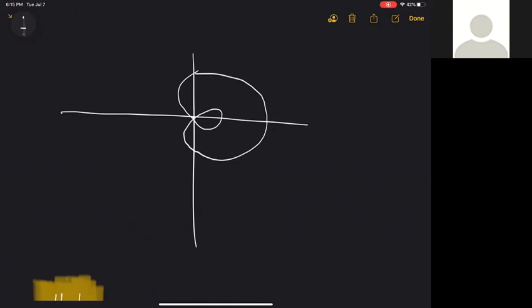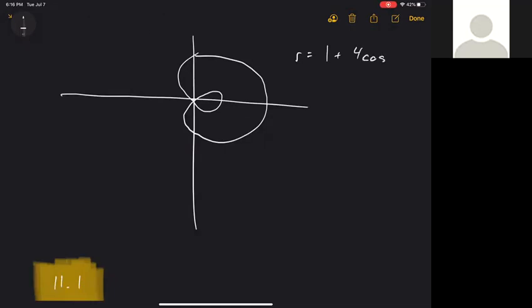Okay, so maybe if you have a curve like this, r equals 1 plus 4 cosine theta would look something like this.